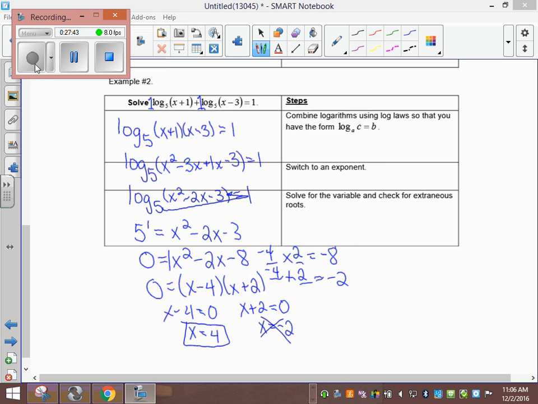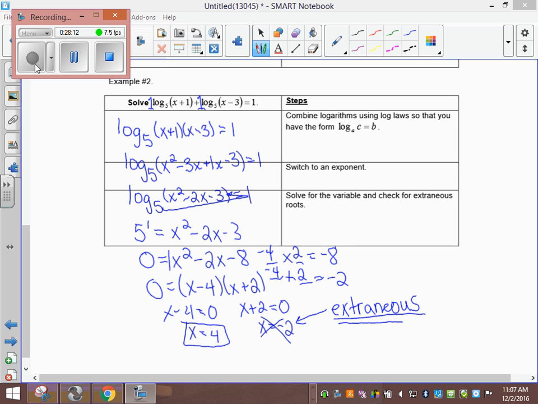How can they ask this and force you to do it algebraically? They can ask you, what's the extraneous root? You can't find a root that doesn't exist on your calculator. It's not going to say, by the way, the answer is 4, and the extraneous root is. It doesn't do that. So that's how they can force you to do it algebraically, because the extraneous answer, I shouldn't say root, is negative 2.